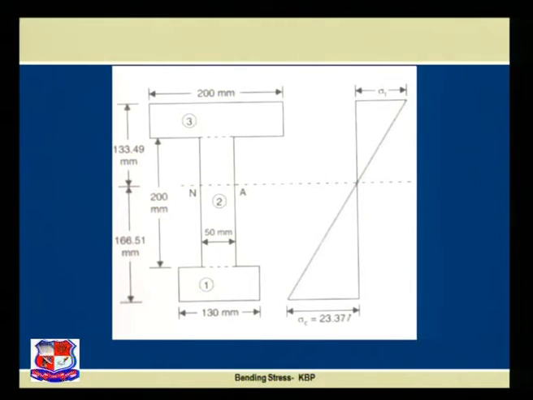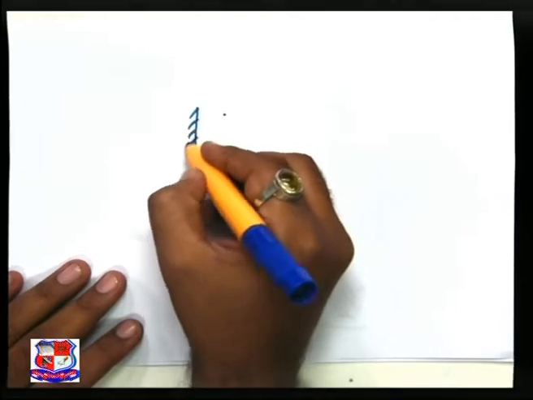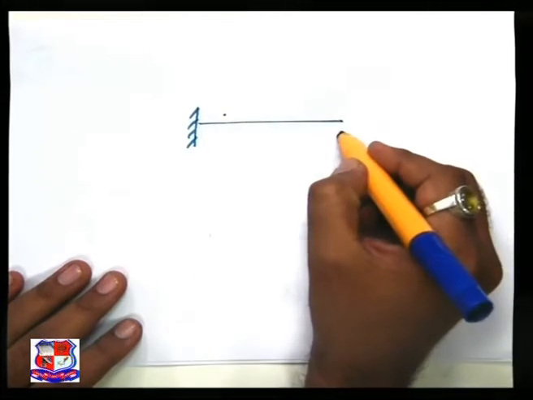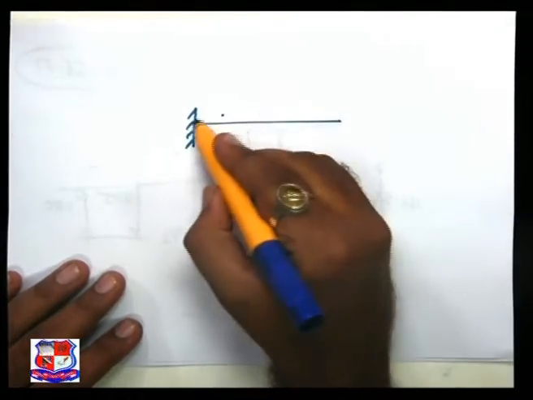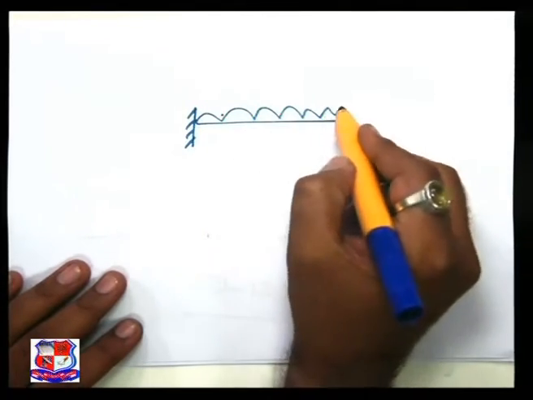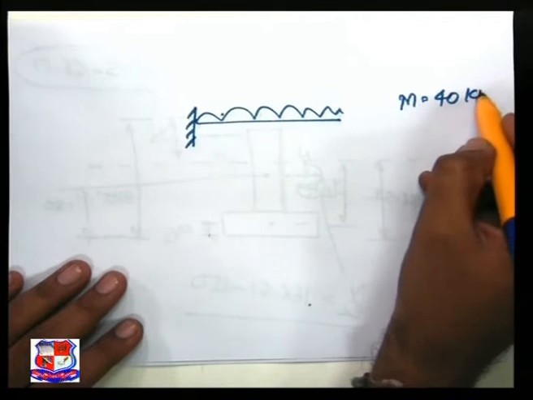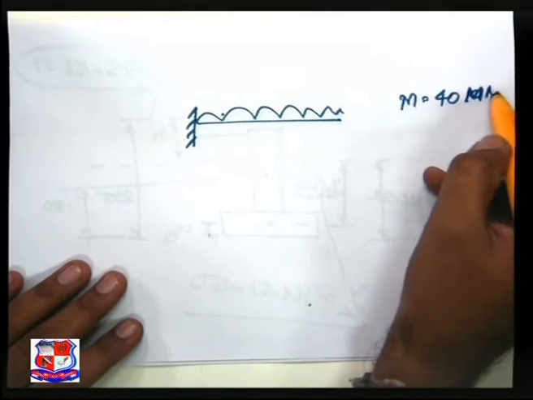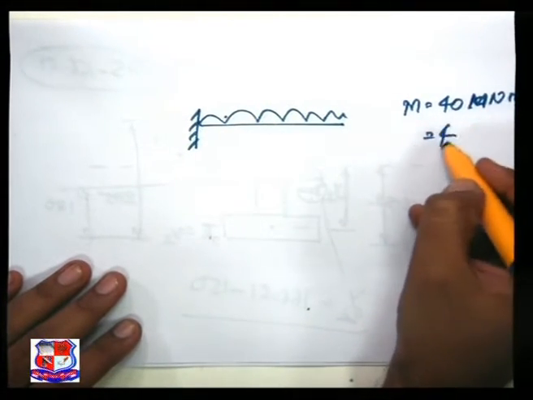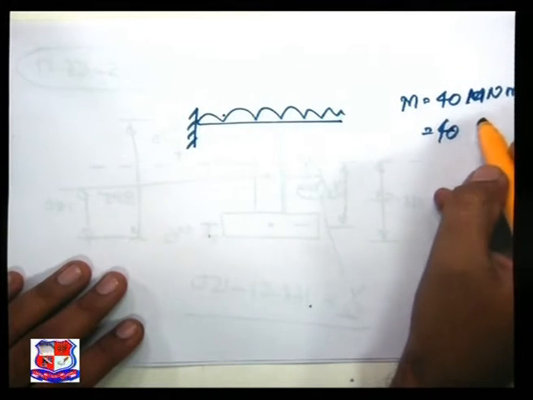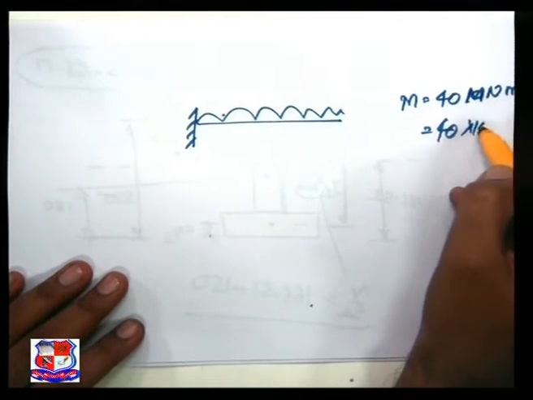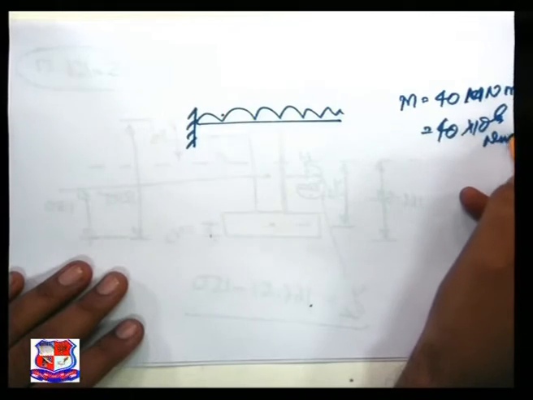Now please refer to the tabletop. The given beam is a bracket, that is a cantilever, with some kind of load, and the moment generated is equal to 40 mega Newton into meter, that is 40 into 10 raised to 6 Newton mm.